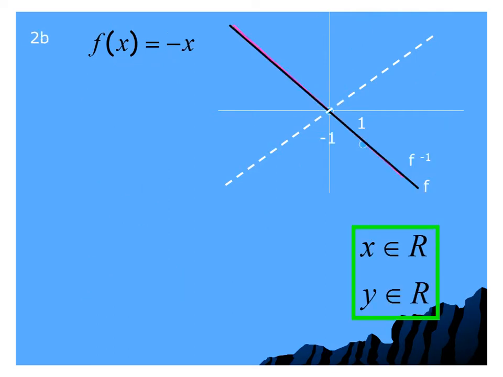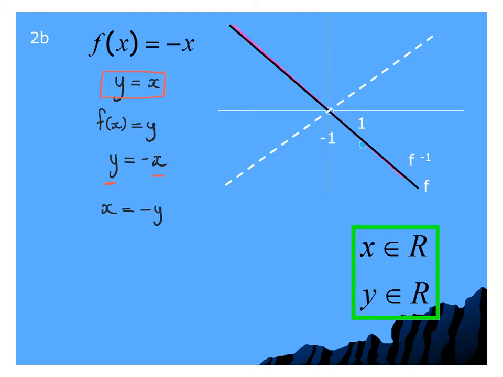What about this function, f of x equals minus x, another straight line? Well, we know that we always want to mirror on the y equals x line. So, if we know that f of x is the same as y, we could write it out as y equals negative x. We now want to swap the y with the x because y equals x. So we write out x equals minus y.